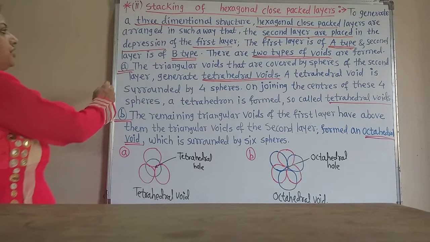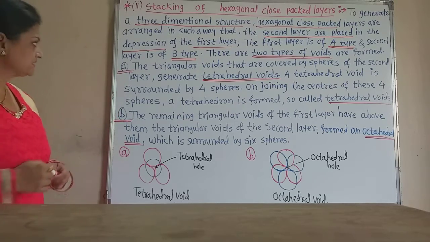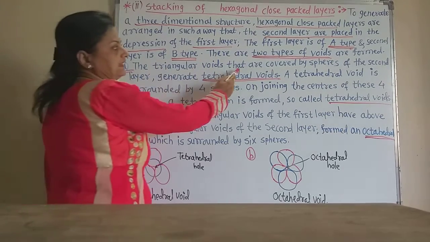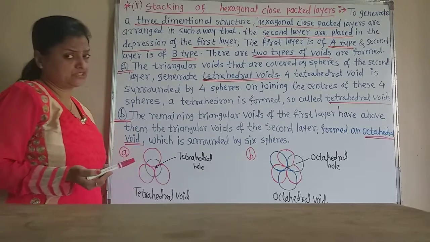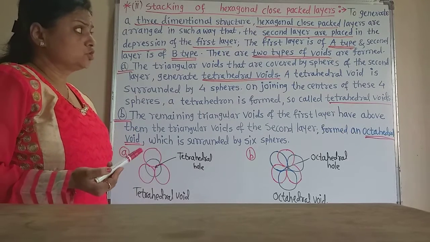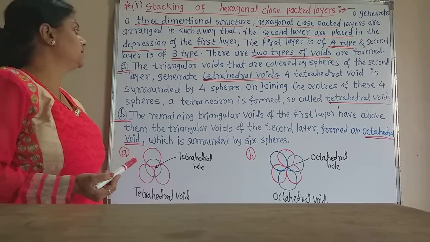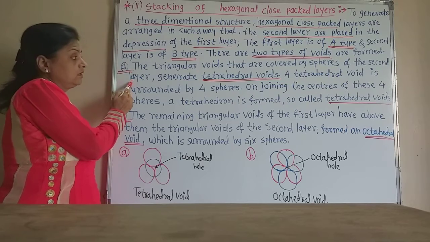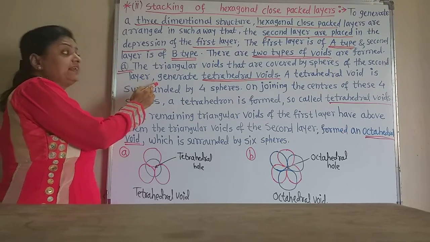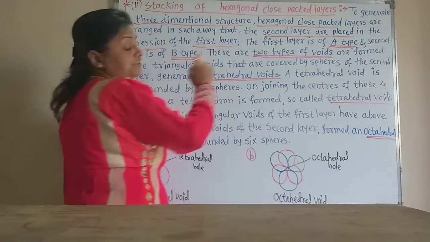The first type of voids, the triangular voids, are covered by the spheres of the second layer, and that generates tetrahedral voids.